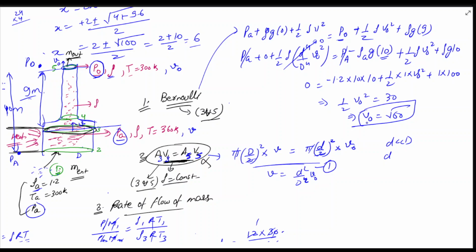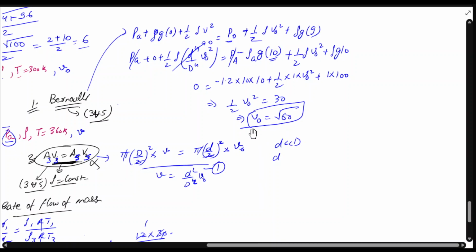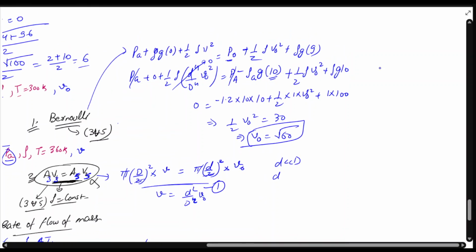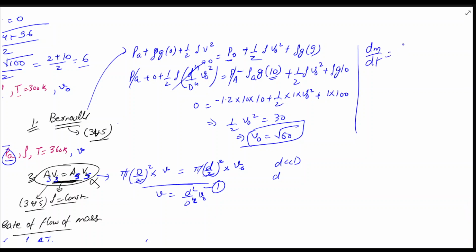Again I'm saying, according to IIT this should be 6, but that is a wrong solution. Now if we get V naught, we have to find dm by dt. So dm by dt will be d by dt of rho a into x, and we know this rho a is constant and dx by dt is this. This is actually v naught. So rho density.